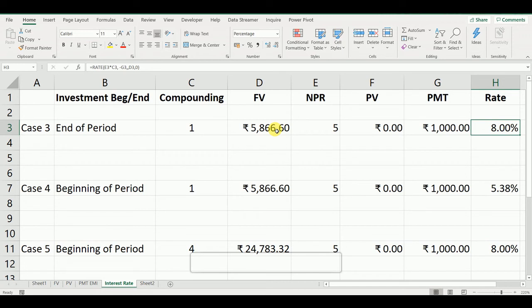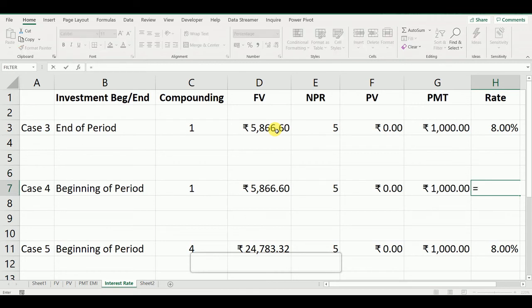So in our next formula we will get the interest rate for beginning of the period. So here rate, number of periods, comma, PMT means yearly payment.